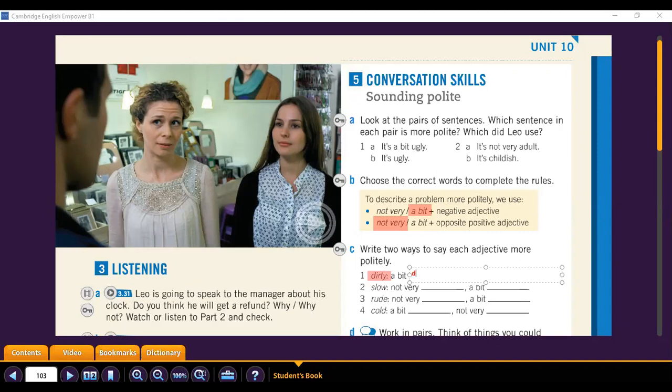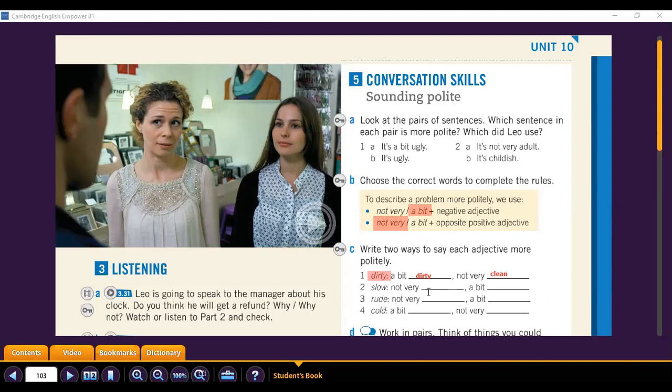En Wilson nos dicen, it's a bit dirty. La primera, ¿no es cierto? Nos quedaría así. It's a bit dirty. Está un poquito sucio, ¿no es cierto? O, pues lo que significa lo mismo, it's not very clean. ¿Sí? Está un poquito sucio o no está muy limpio. Estamos diciendo de ambas formas exactamente lo mismo, dando la misma idea.